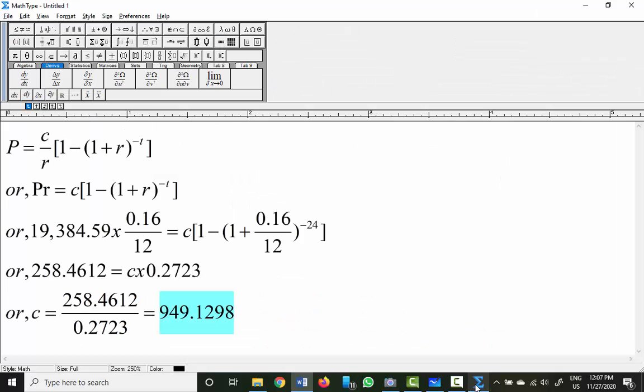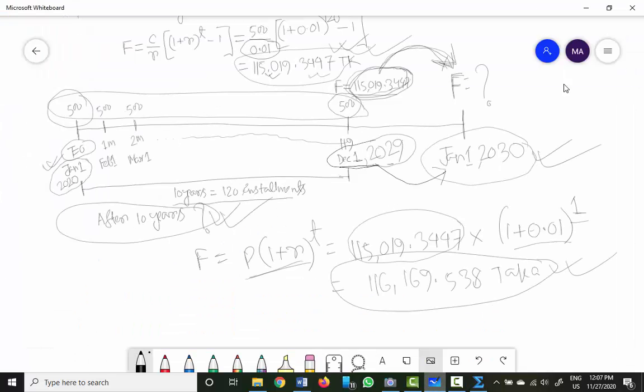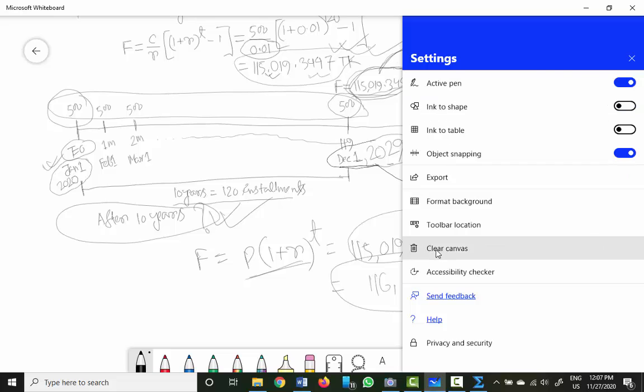Let me show you the diagram again. It's like the previous problem. At period 0 itself, the annuity has started. So for example, the account started on January 1, 2020, right?